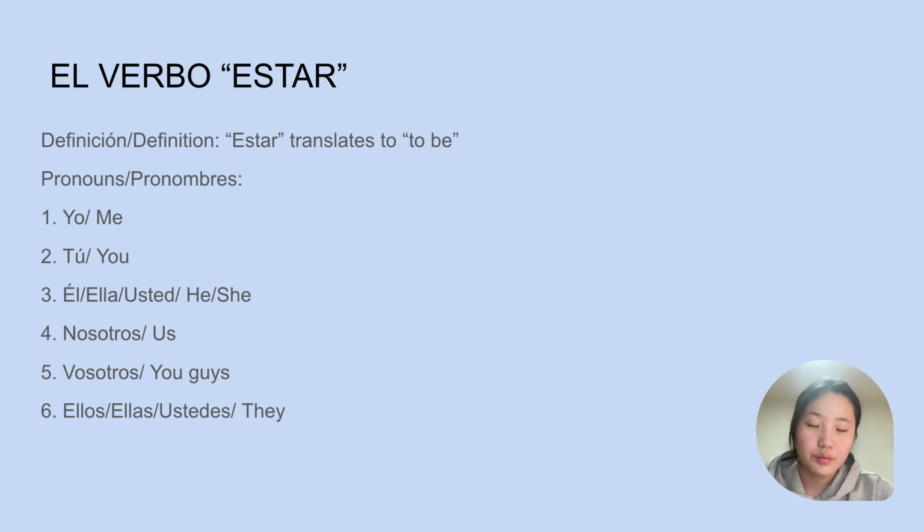So yo, tú, él, ella, usted, nosotros, vosotros, ellos, ellas, ustedes. Great job. Which all translate the same thing as before. So me, you, he, she, us, you guys, they.